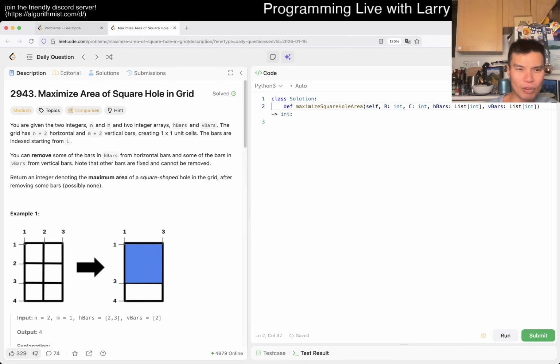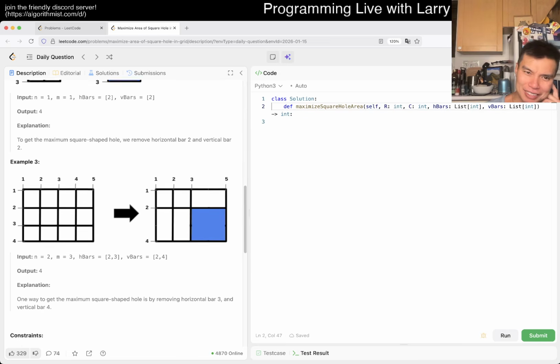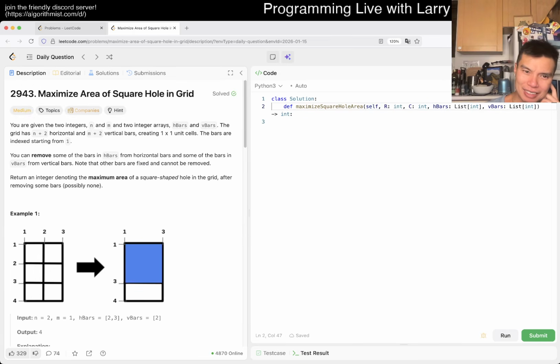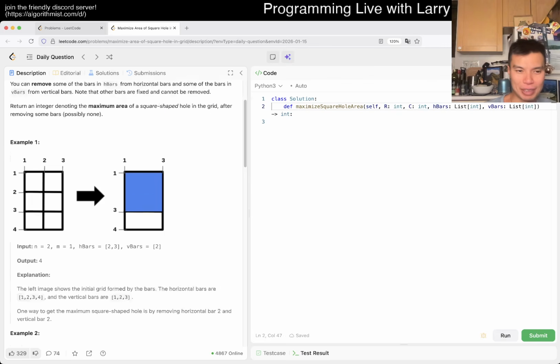When you just remove all the bars, am I misunderstanding this problem? Or do you have to get exactly square, or is it at least square? Maybe this is a very weird or poorly written problem.